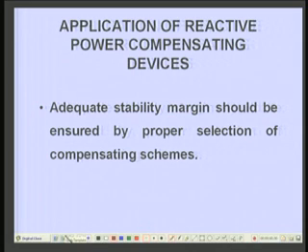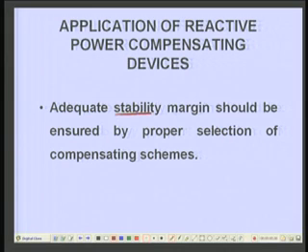Application of reactive power compensating devices. We know that we have various reactive power sources. Our interest here is that you should design your system so that you have adequate stability margin. That is, when you plan for the reactive power sources, you plan in such a fashion that you have adequate voltage stability margin by proper selection of compensating devices.